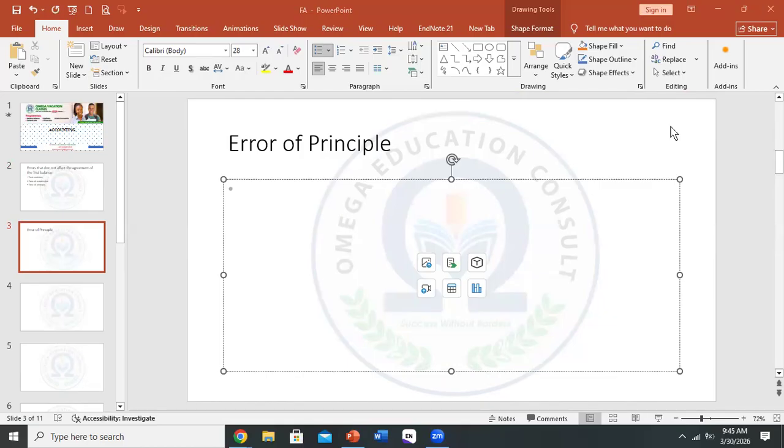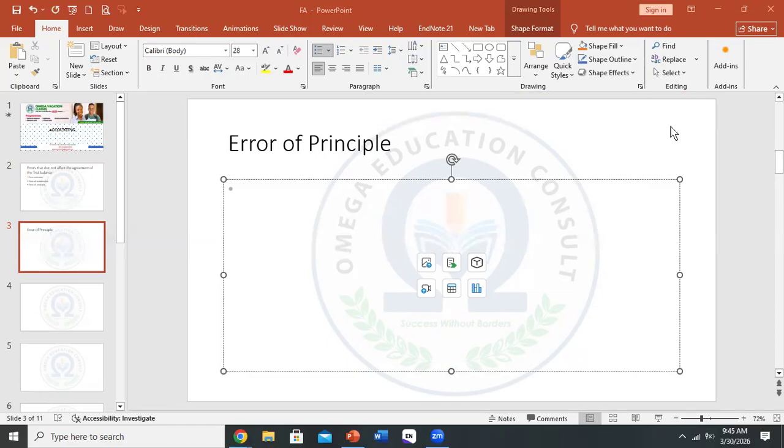So, please, what I know about the error of principle is that it's an error that occurs when the accountant puts the right amount, but this one is in the wrong type of account. Not like the wrong account, but a wrong type, like maybe sale of an equipment, but you record it in the sales account. That's what I understand.